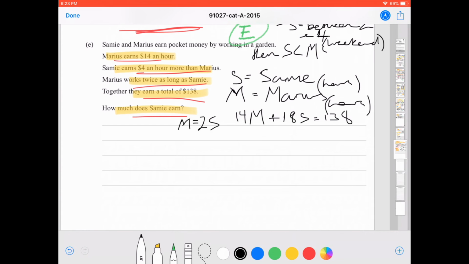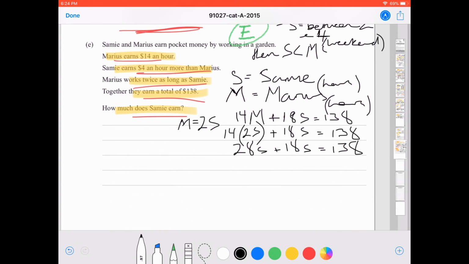We can substitute. This is similar to the Sam and Jake question. We can substitute M equals 2S into our equation. And so we can say 14 times 2S plus 18S equals 138. 14 times 2 is 28S plus 18S equals 138.